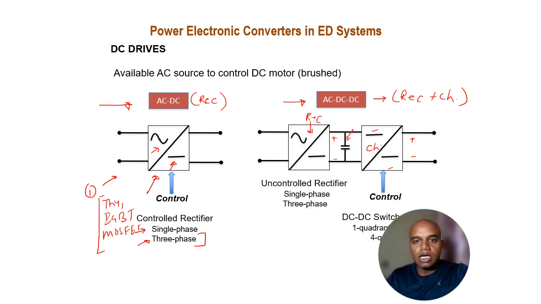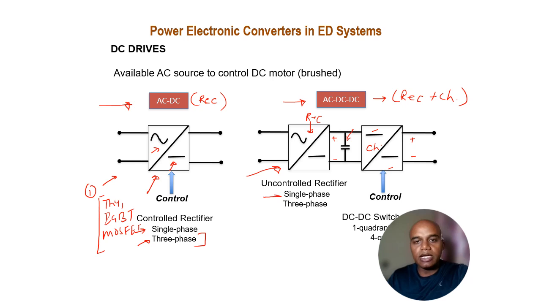Whereas for the two-stage conversion, the rectification can be done by using the uncontrolled rectifier. This is made from diodes, over which we don't have any control, because we don't have any gate circuitry or firing control over the diode rectification.